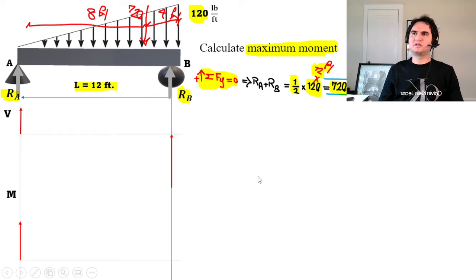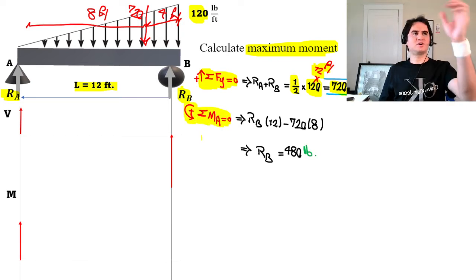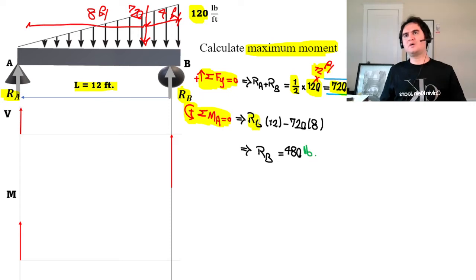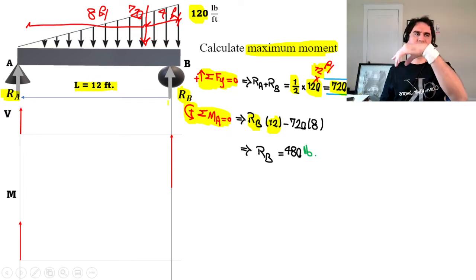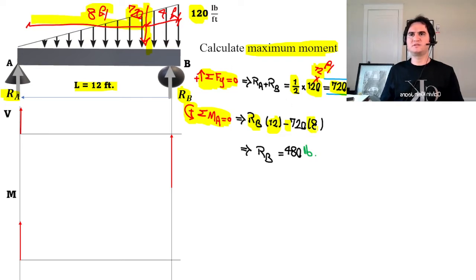By developing the moment about, for example, point A, with counterclockwise considered as positive moment, it gives you Rb times 12, Rb times the whole length, which is consistent with our counterclockwise direction, that's positive, minus 720, the concentrated load converted from the distributed load, times the distance from support A, which is 8 feet.